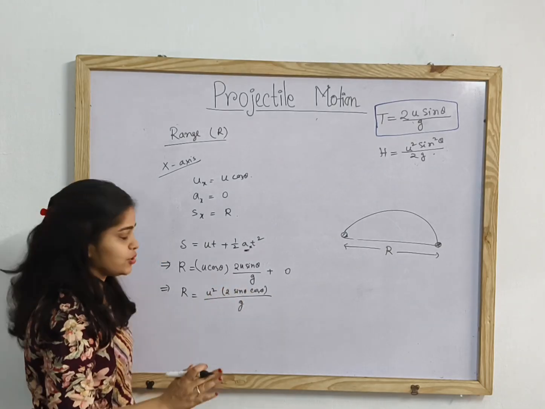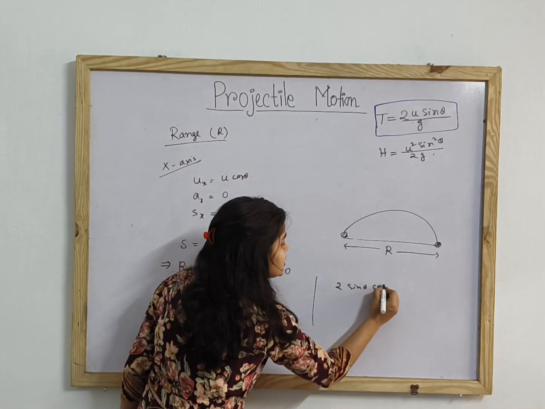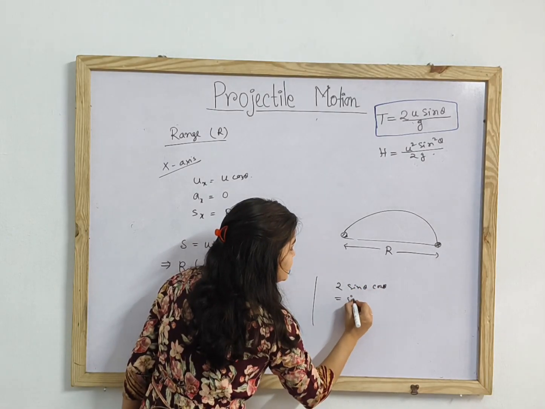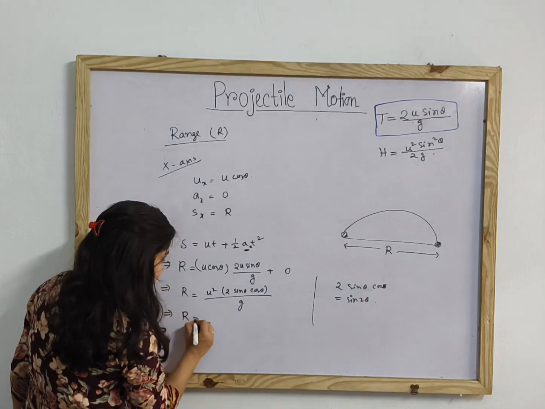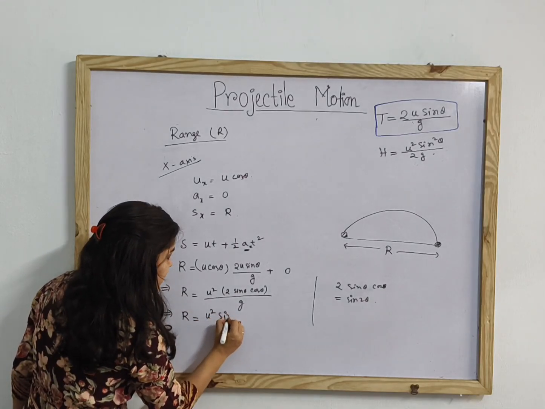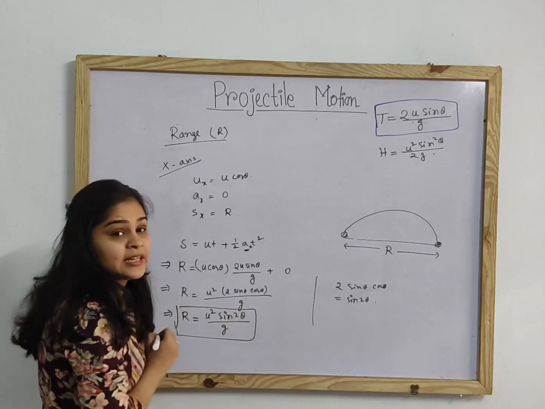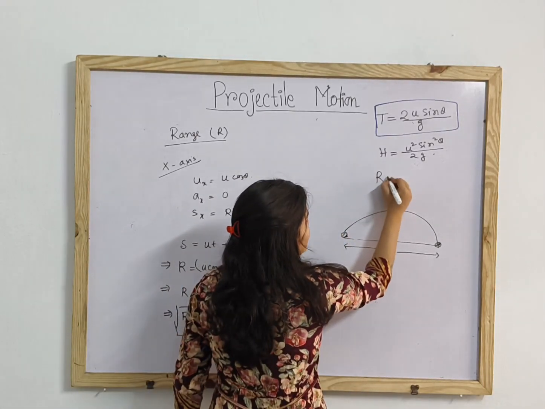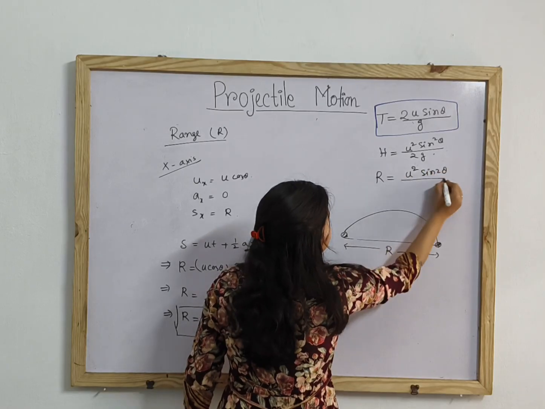Now you know the formula that 2 sine theta cos theta is equal to sine 2 theta. So we can put it here, and we will get u square sine 2 theta by g. This is your formula for the range of the projectile. So the last formula for range, u square sine 2 theta by g.